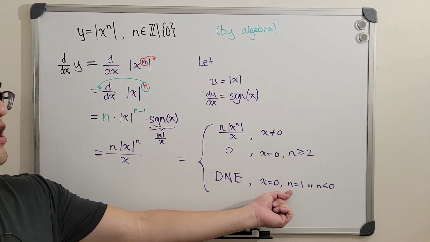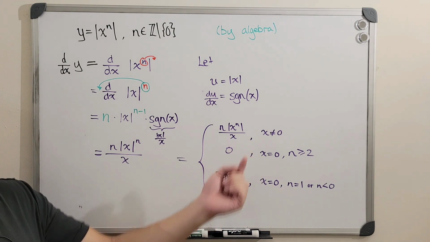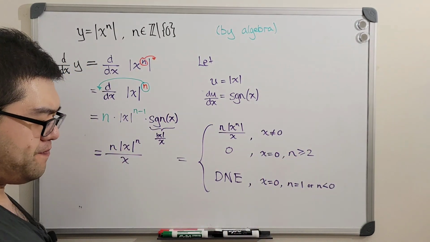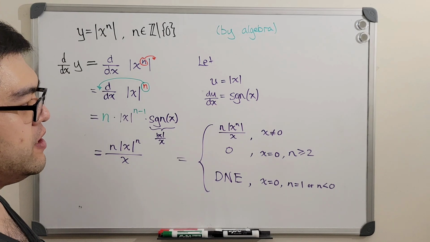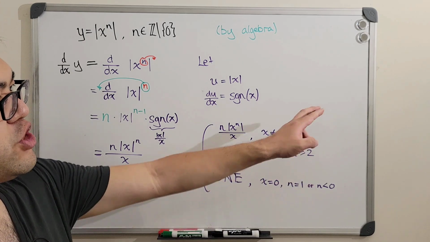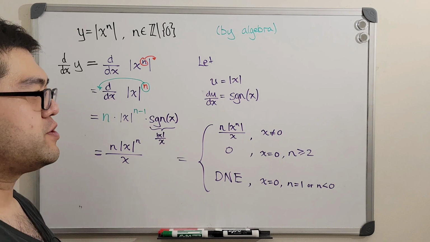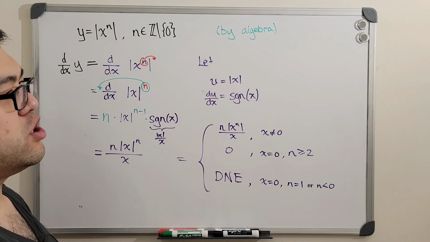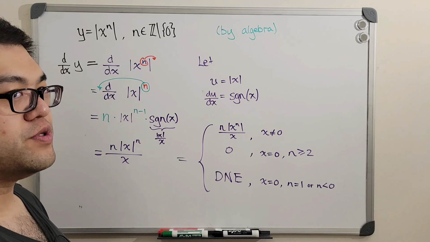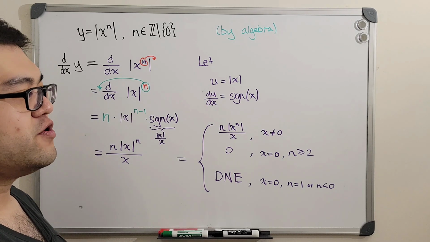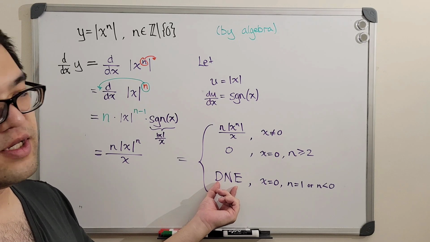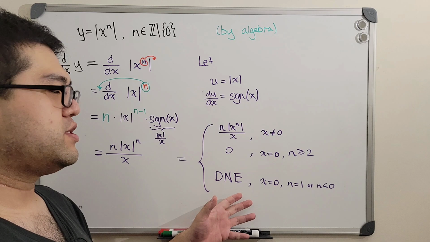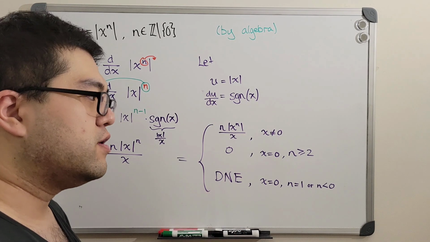Now, for n equals 1, x equals 0, we just have the V shape again for the modulus linear function. So we have a sharp turn at x equals 0, or at the origin, which means that it's not smooth when x is equal to 0, and therefore it's not differentiable. The derivative does not exist. And that is it, which matches the results that we found in the previous video.